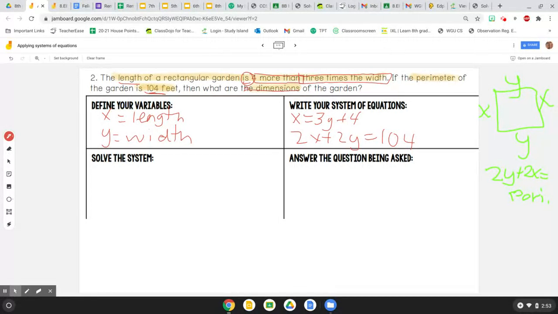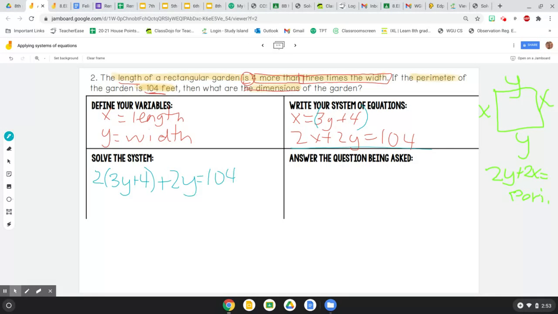So I know that x is equal to this quantity here, that 3y plus 4. So I'm going to go ahead and substitute that in right away into my other one. So that's 2 times x, which is that quantity now, 3y plus 4. And then I'm going to continue on with this bottom equation. So plus 2y equals 104.